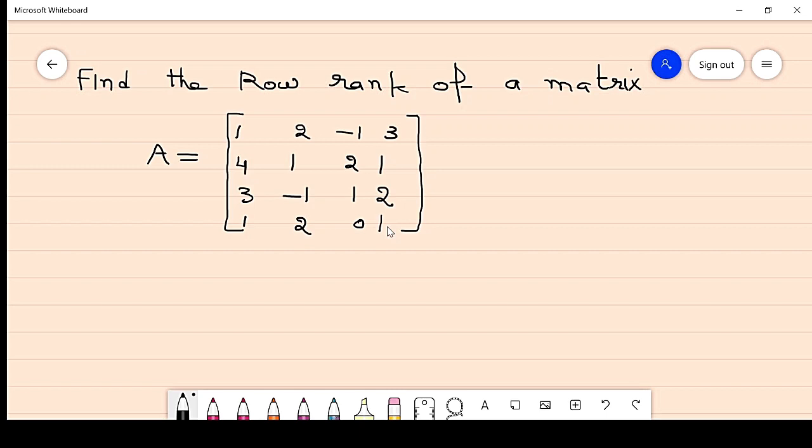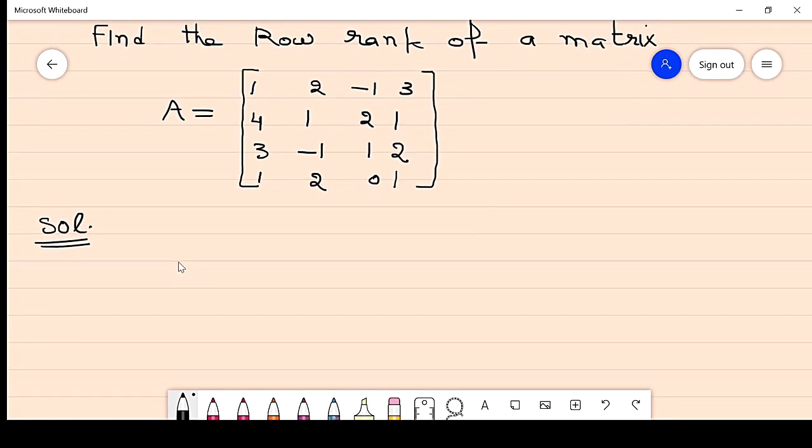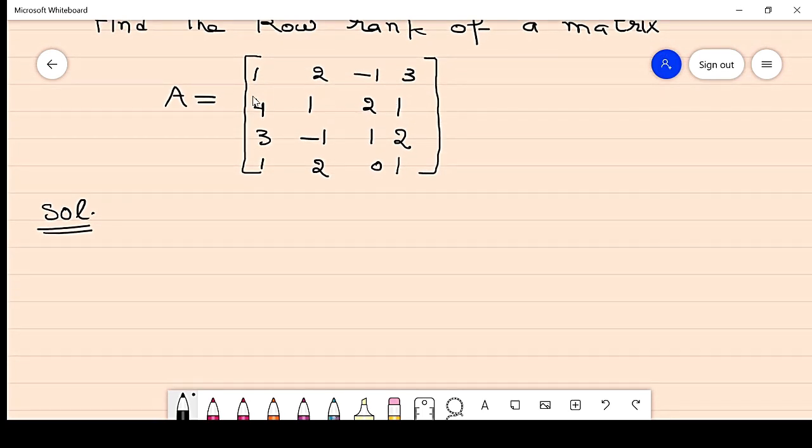So to find the row rank of the matrix, just concentrate on the calculation. In this question, the major mistake is in calculation. Now to find the row rank, my first aim is that this term and this term should be 0.